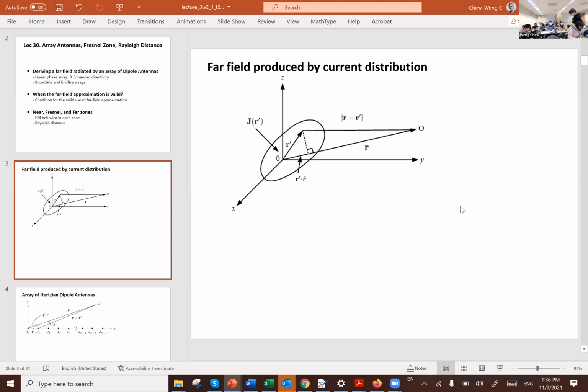We say that as long as we have an ability to calculate the vector potential, and this vector potential can be calculated in closed form if you know what the current is. It will be the convolution of the Green's function with the current. The Green's function can be written in this manner.